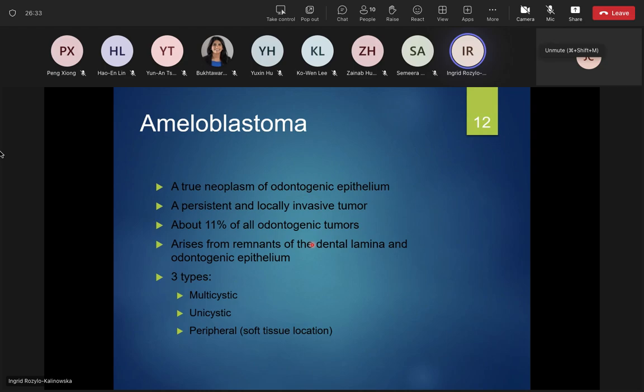If you think about tumors, I would like to underline that in fact the most common tumor of the mandible is plasmacytoma, a malignant tumor made of plasma cells in bone marrow.